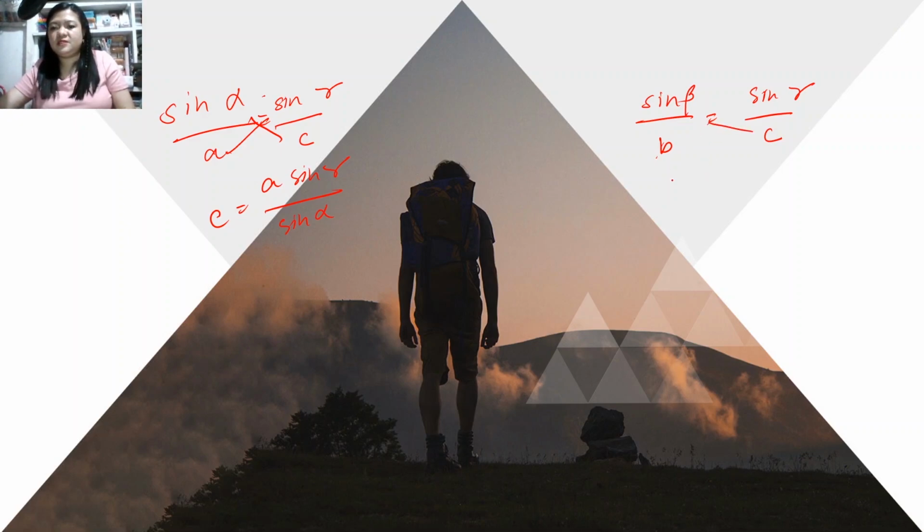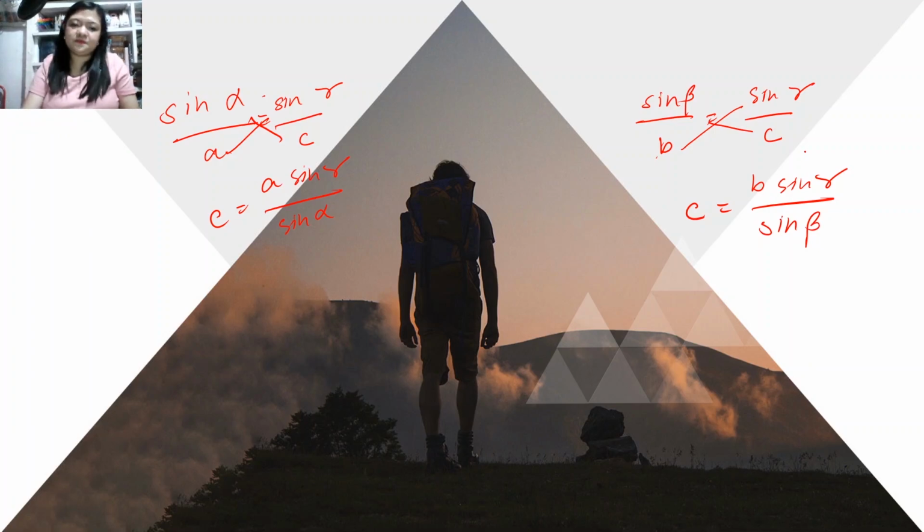And here, we only need C, so C is equal to B sine gamma over sine beta.